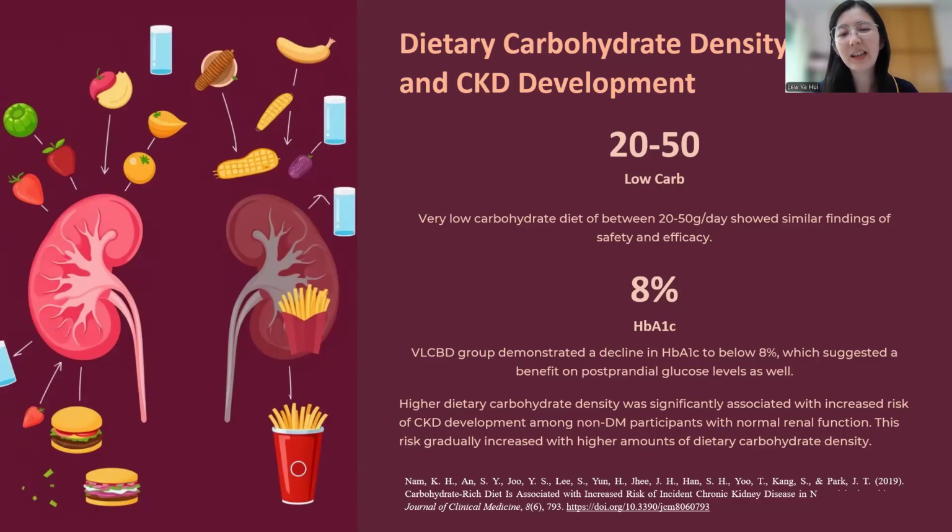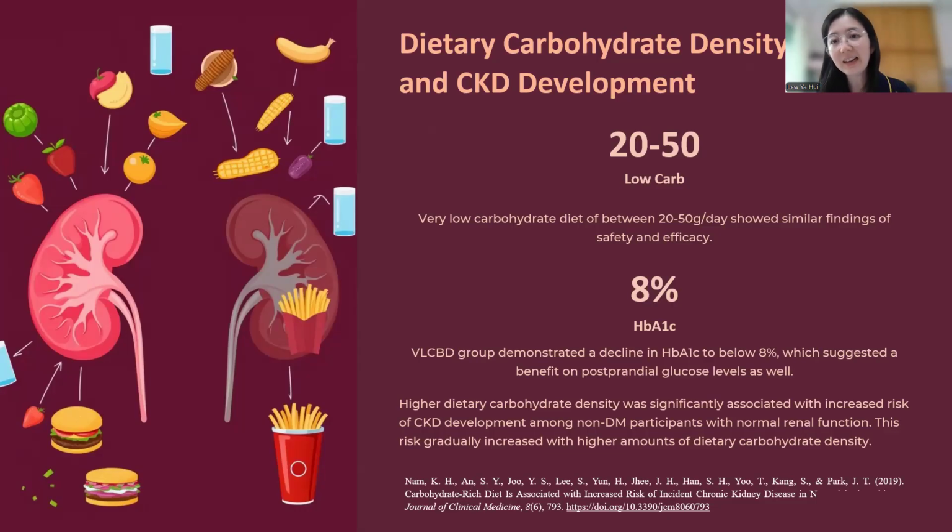But this kind of very low carbohydrate diet not only can help with significant weight loss, but also helps to reduce visceral fat for those kidney problem patients. Additionally, the fasting blood sugar and HbA1c will improve.